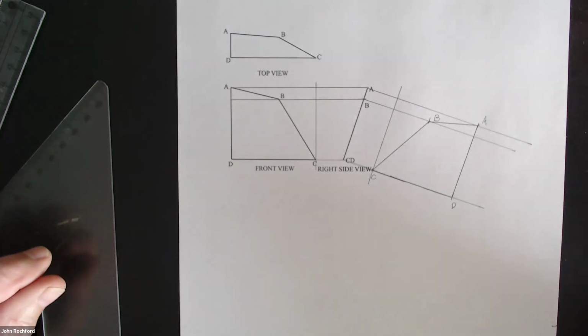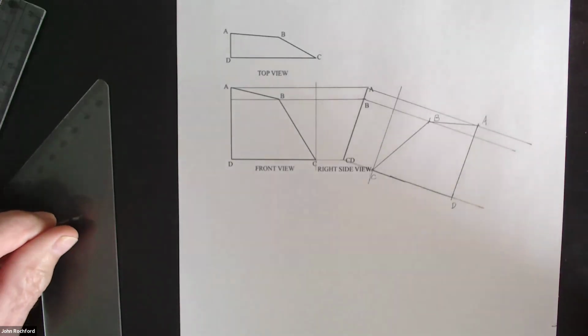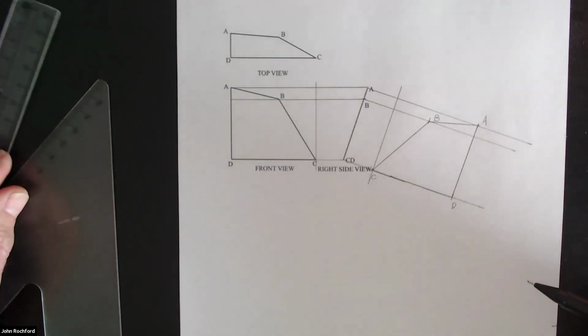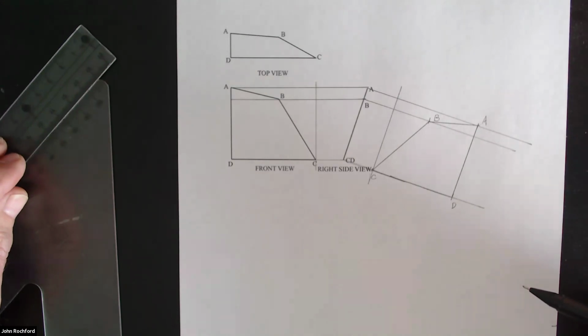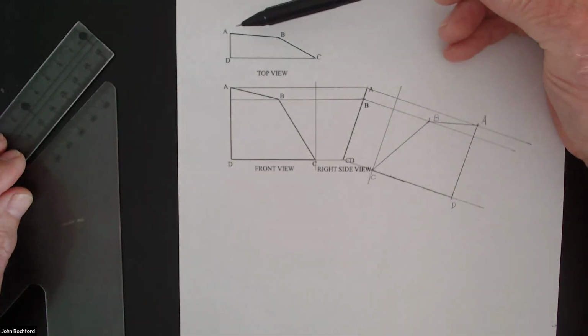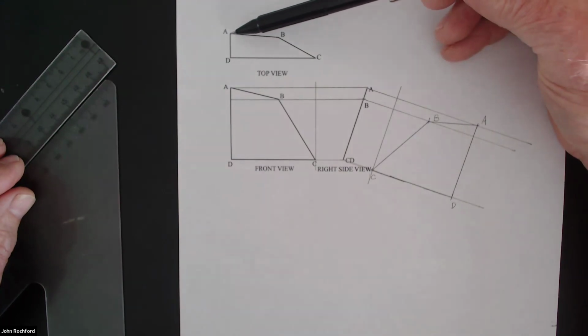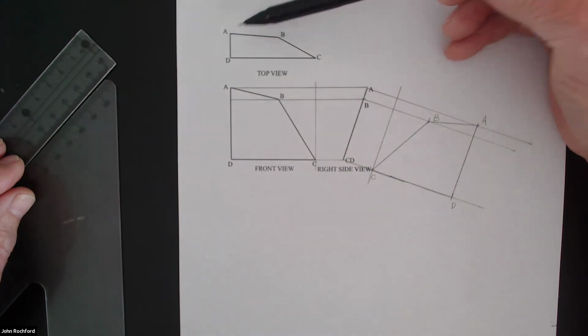The next way is using triangulation. And the two things that you've got to remember about using triangulation is that to determine whether a line is a true length, because all lines on a development have to be true length, you ask yourself, is this line a true length?